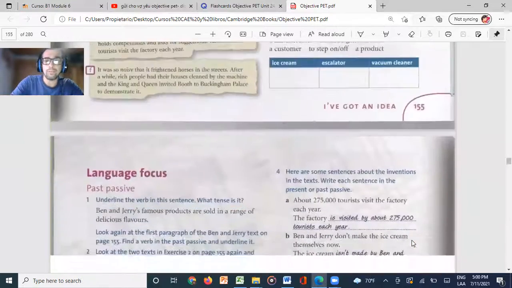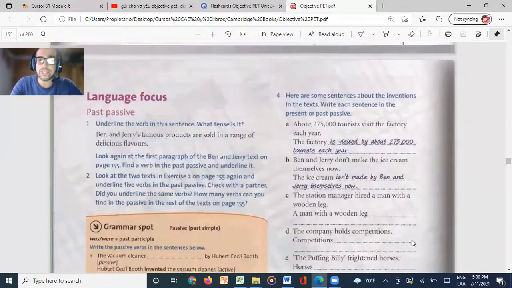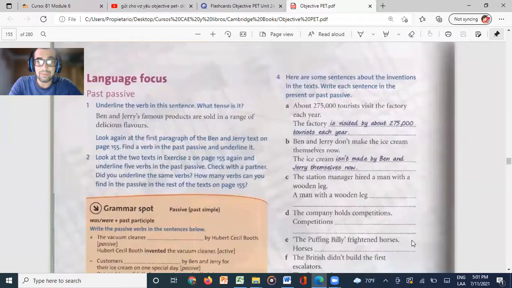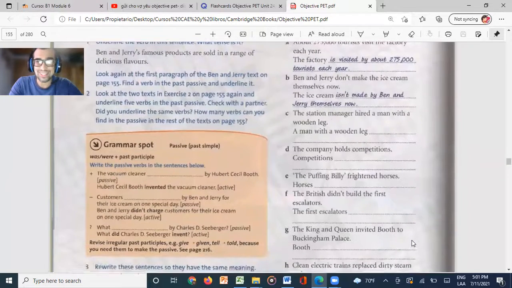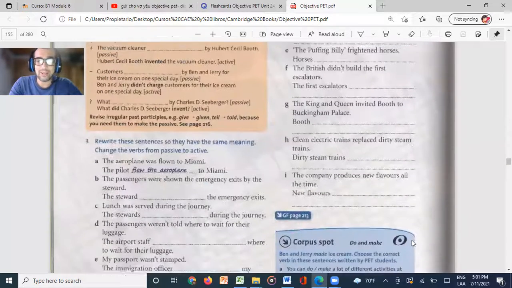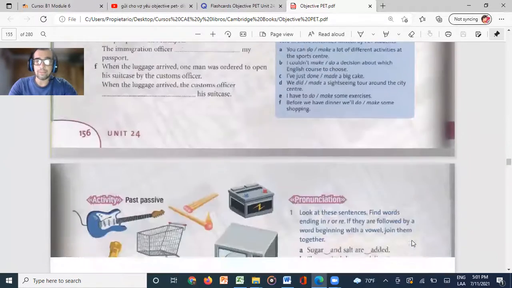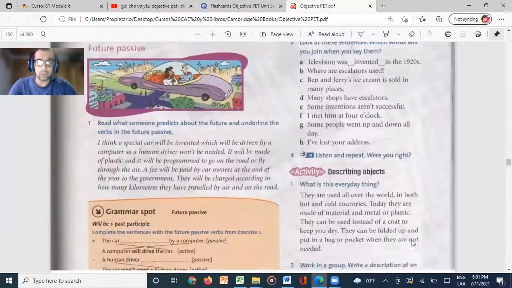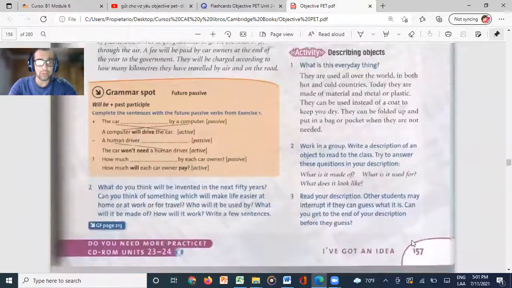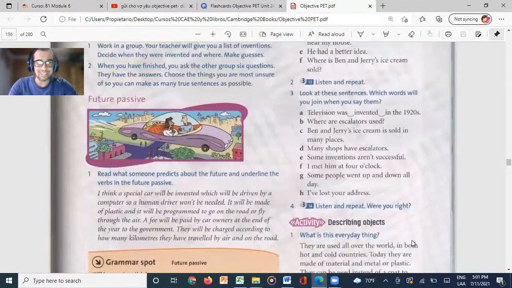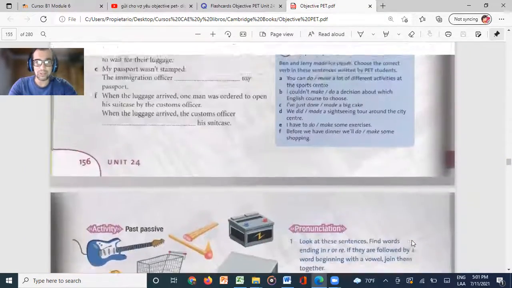And over here in part 4, it says here are some sentences about the inventions in the text. Write each sentence in the present or past passive. So we can work on that also to review the last one that we saw, which is the present. And then this other page, we're going to be working on most of it with our partners in our live class, so for now, we're not going to do it.